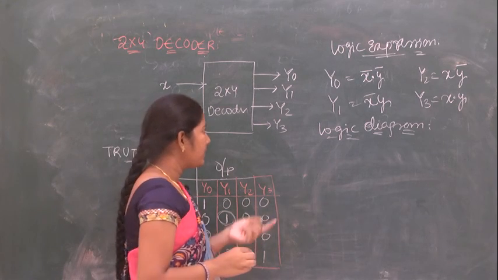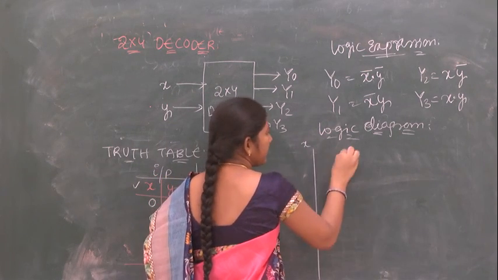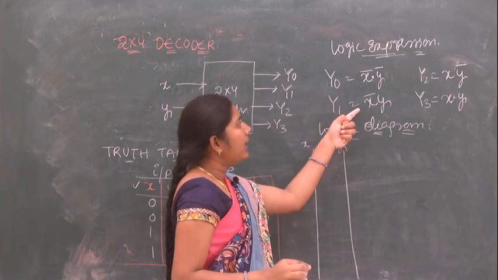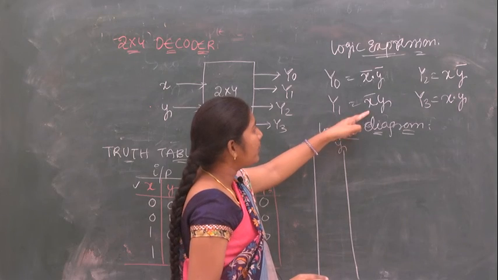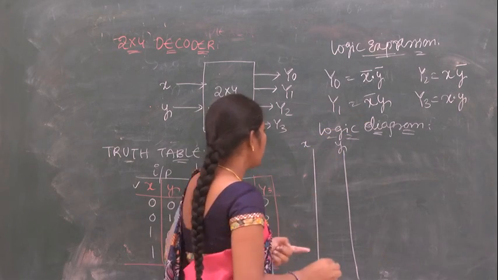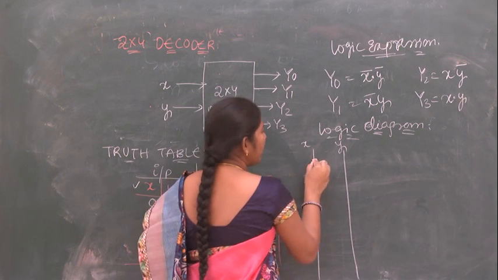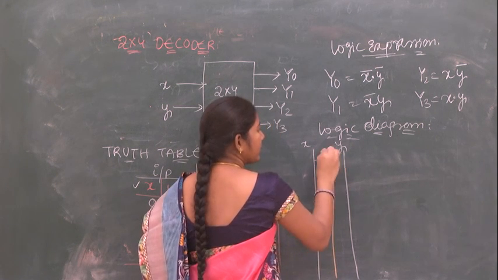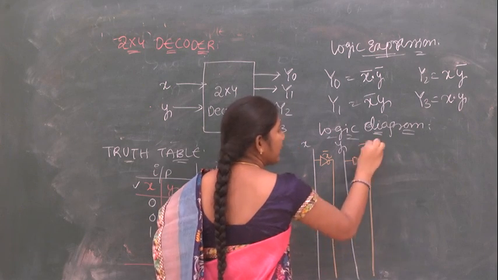To draw the logic diagram, consider the inputs which are x and y, and in the logic expressions the inputs are in complemented and uncomplemented form. As I am taking input lines directly, to get the complemented form, give x to one NOT gate to get x bar, and y is given to one NOT gate to get y bar.